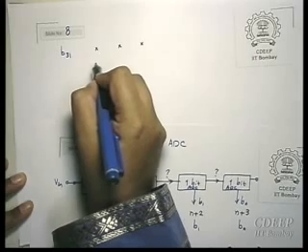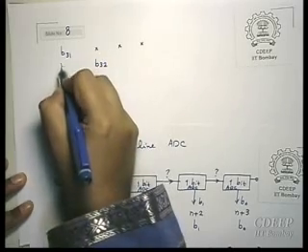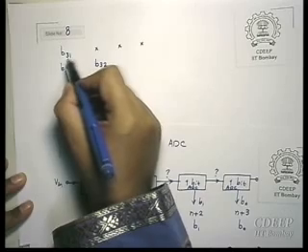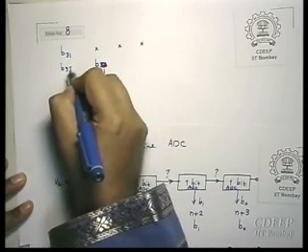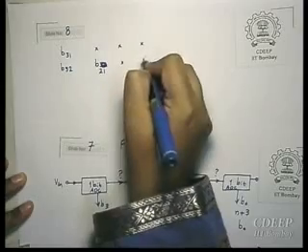Then you will have B32 and B3, sorry, this is B3, B2, B21, B32. Nothing is here.